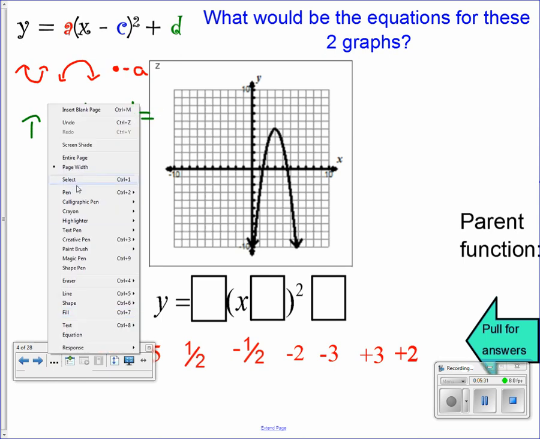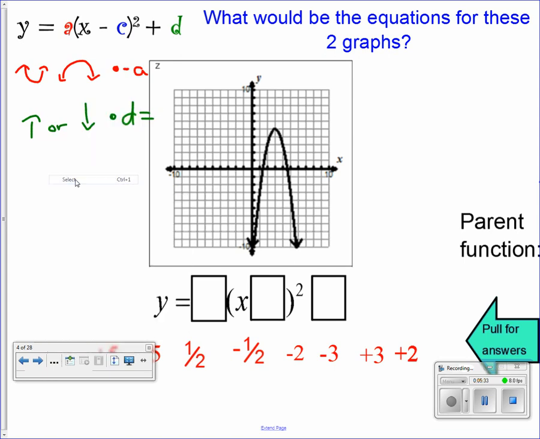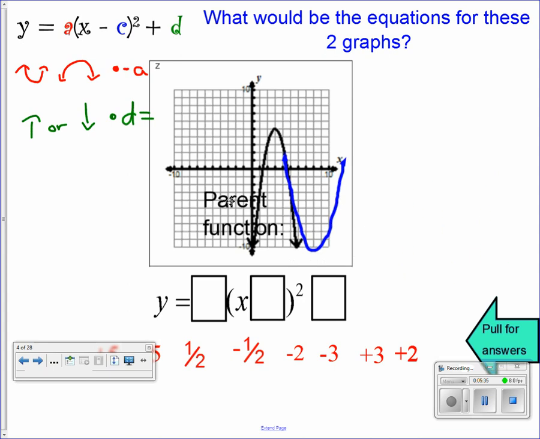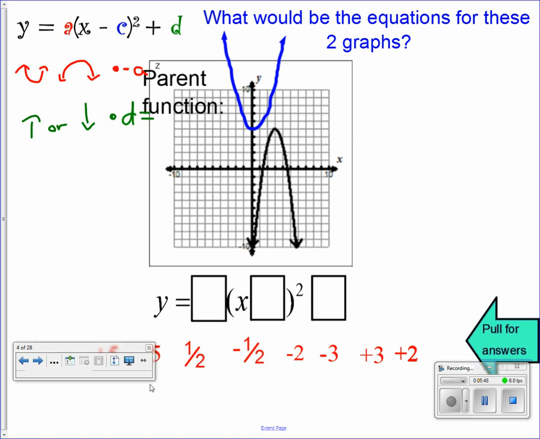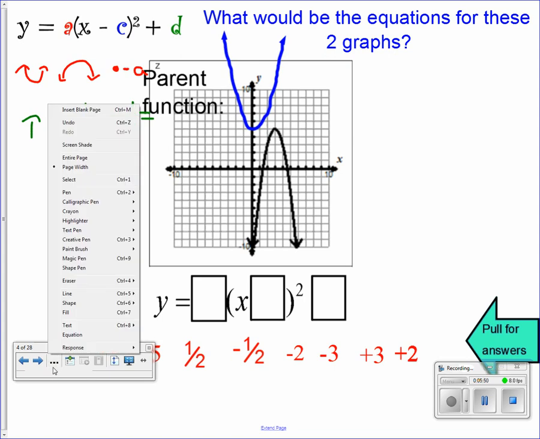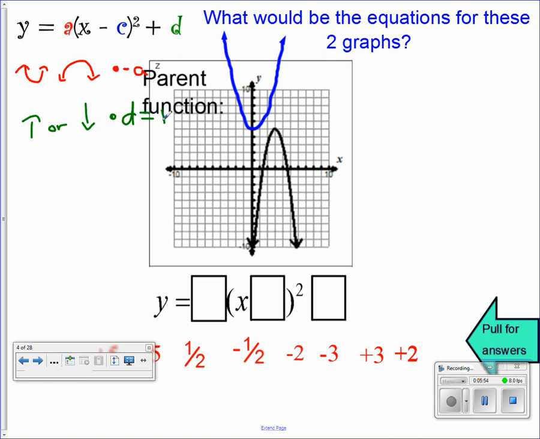So let's start from the origin with the parent function and see how far up or down it moved. If the blue parabola is the parent function, I moved up by 1, 2, 3, 4, 5. So my d value is going to be a positive 5.